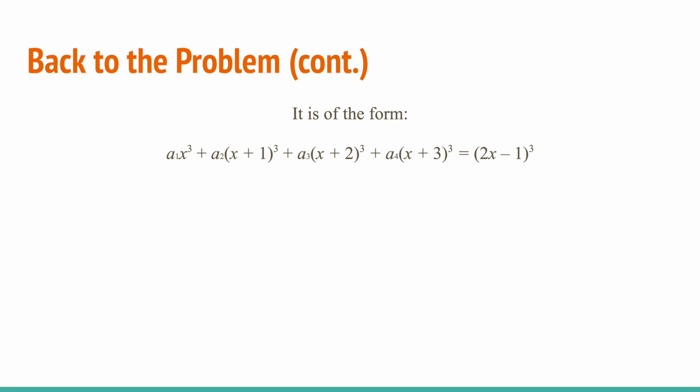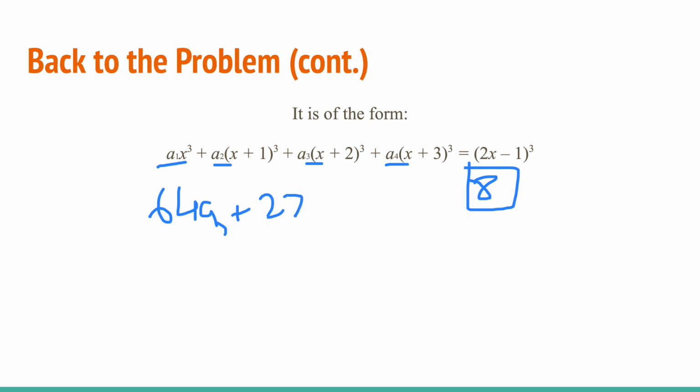We can get a1 plus a2 plus a3 plus a4 from the leading coefficient, and that is equal to a, so that is one solution. We can get 64a1 plus 27a2 plus a3 plus a4 by plugging in -4 for x.